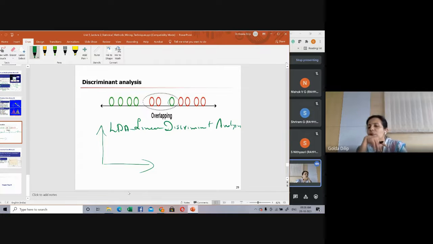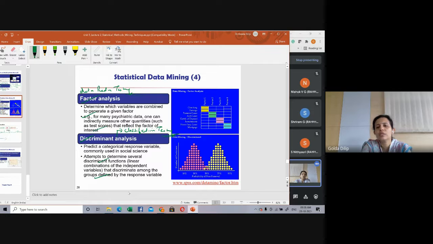So you transform them into a one-dimensional graph in order to maximize the separability between the two classes. That's the general concept involved in discriminant analysis. So increase the number of features and further go for it. That's what discriminant analysis is all about: predict a categorical response variable, commonly used in social science.